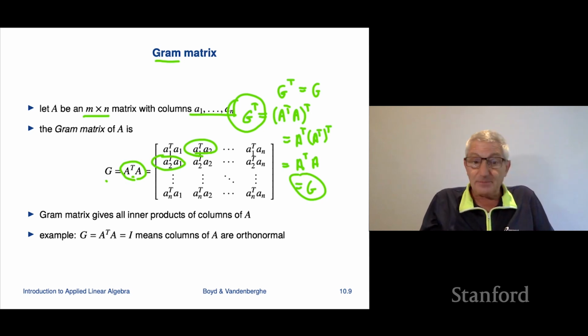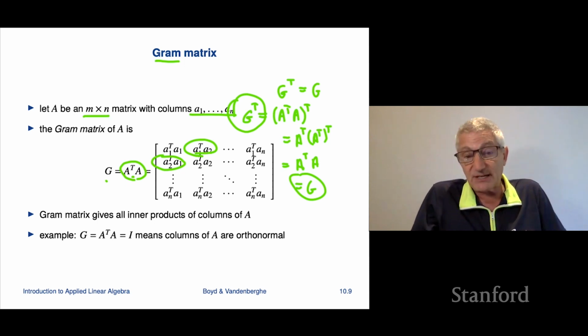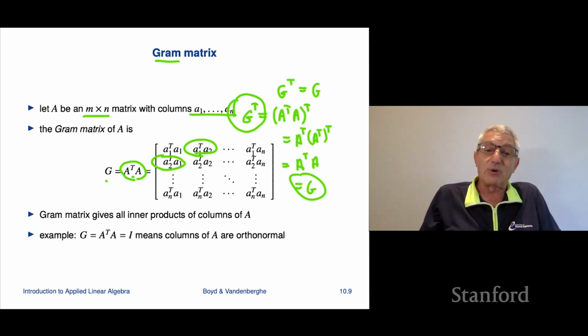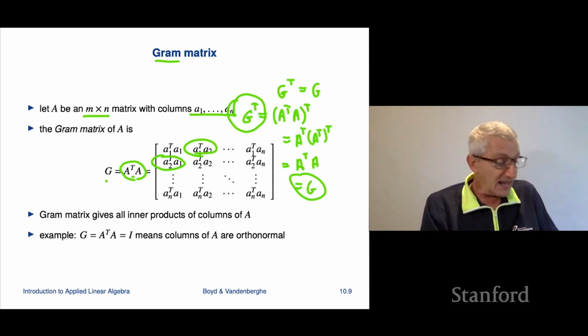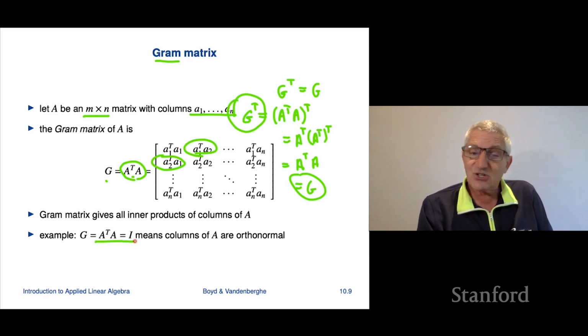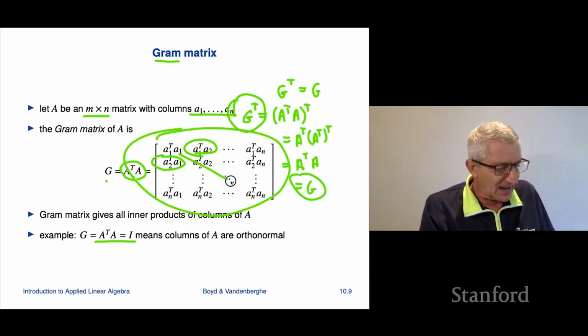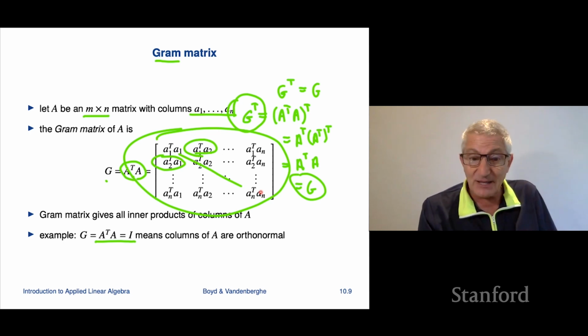Okay. So here's something you can do with the Gram matrix: it gives you a very compact way to describe a concept that we already have. It's A transpose A equals I. Super interesting. It means that if you look at this matrix, it's ones on the diagonal and 0 off. Let's see what that means.